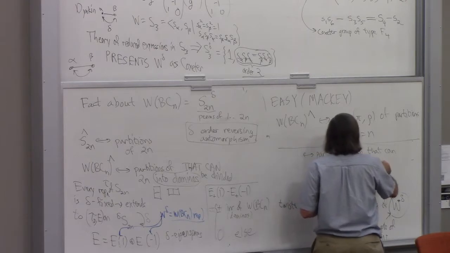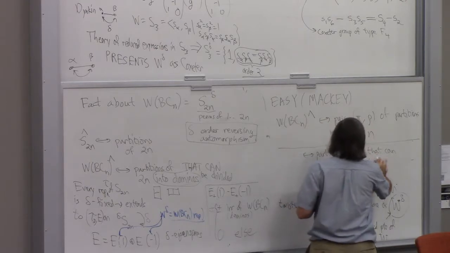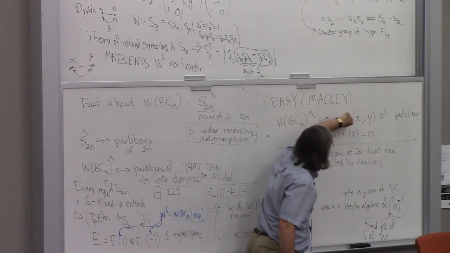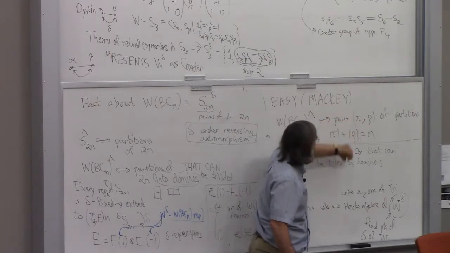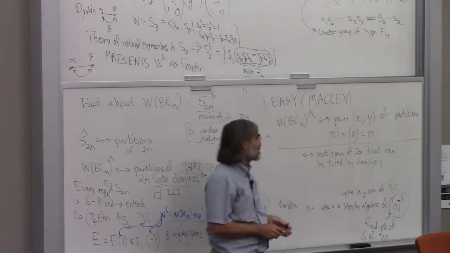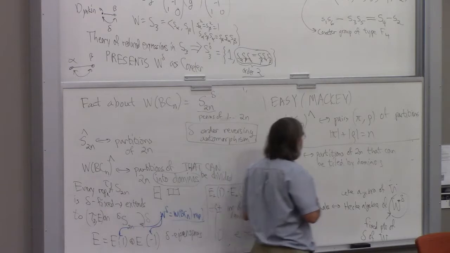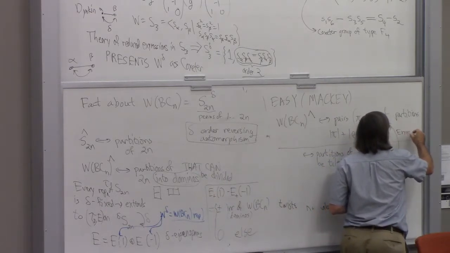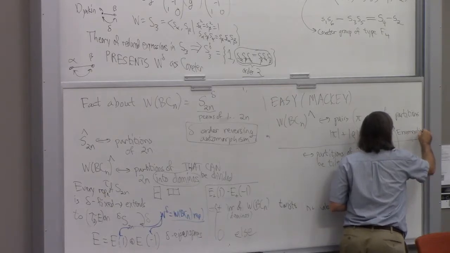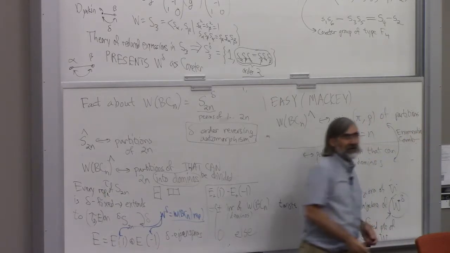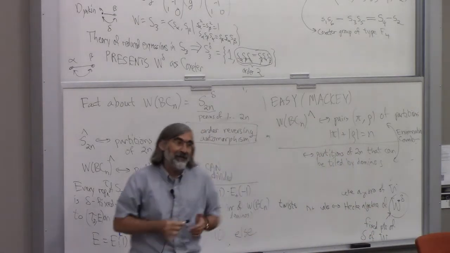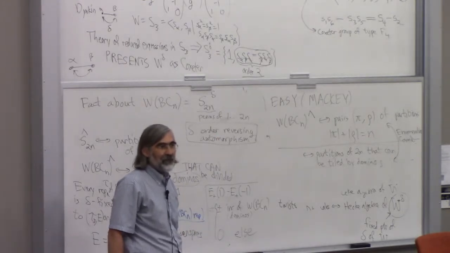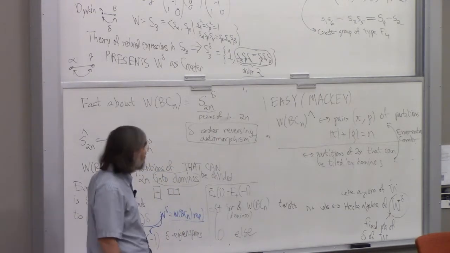The fact that combinatorially this set of pairs of partitions is in one-to-one correspondence with partitions of 2n that can be tiled by dominoes, I'm sure you can find this in Stanley's Enumerative Combinatorics. I haven't looked, but I'm not sure. You can find it in my paper. Good.